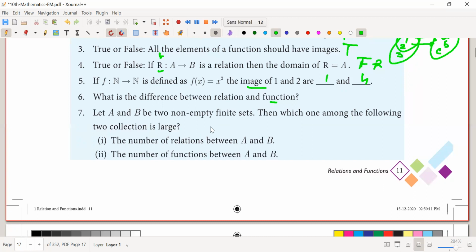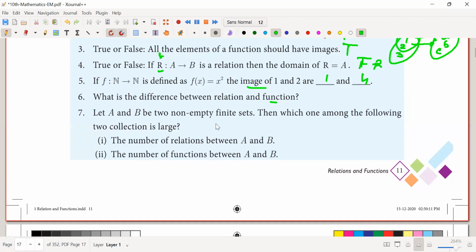But in a relation, it can be mapped with anything, provided the relation gets satisfied. Only one should be mapped, then it is a function.